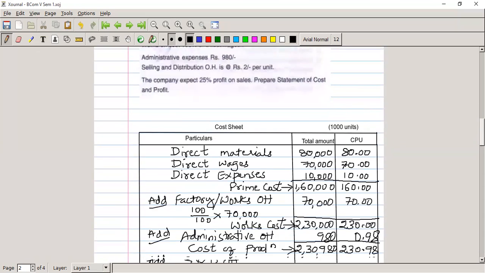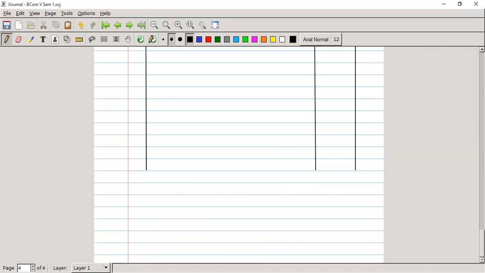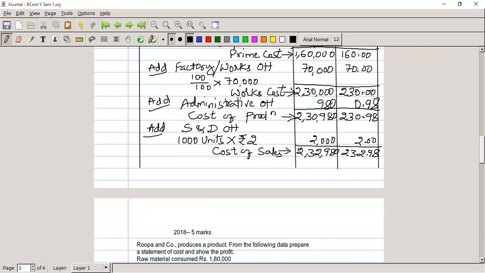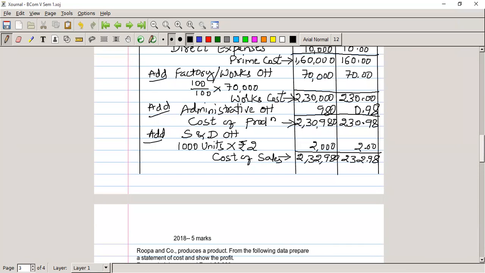So the next point we are going to add is profit, and the last one we are going to get is sales. So how to calculate profit? 25% on sales they have given, and we don't know the sales now.